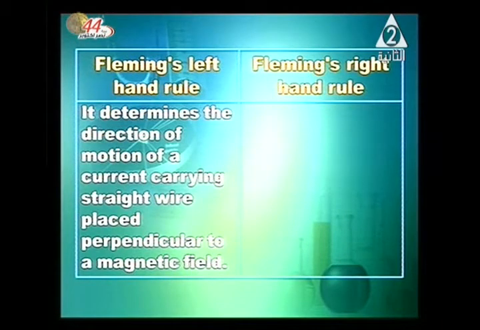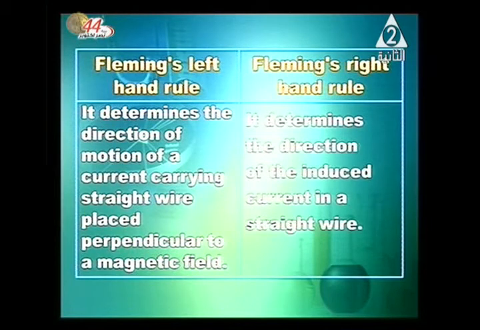Fleming's left determines the direction of motion of a current carrying straight wire placed perpendicular to a magnetic field. So it is used to determine direction of motion. Fleming's right is used to determine the direction of the induced current in a straight wire.